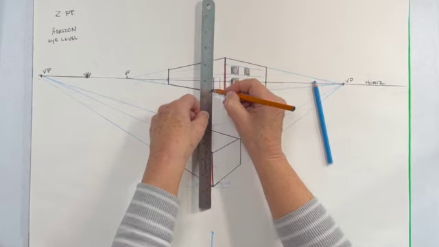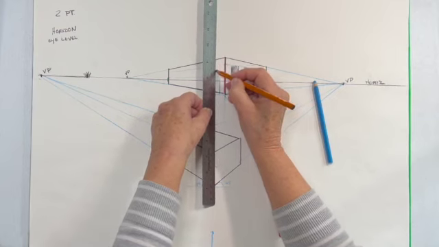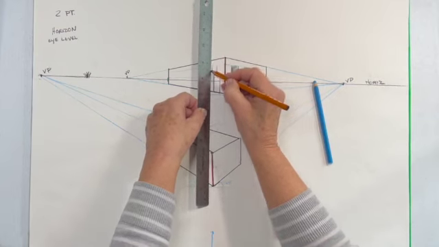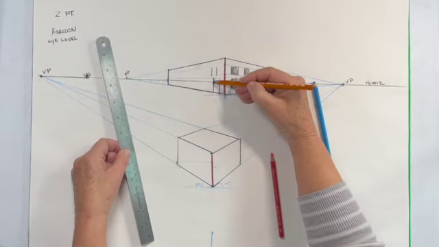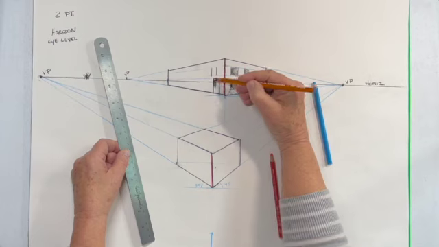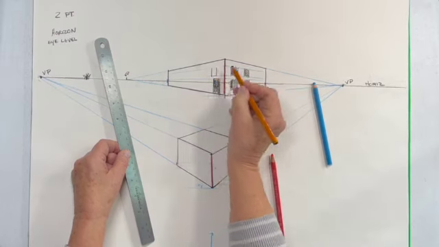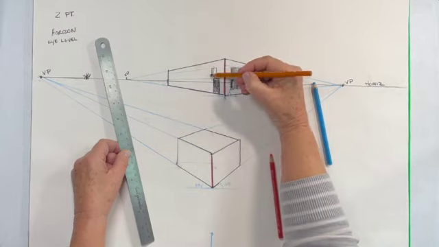Here's my door. I'll offset this window from the door a little bit. So there's my front door. And here is a window.